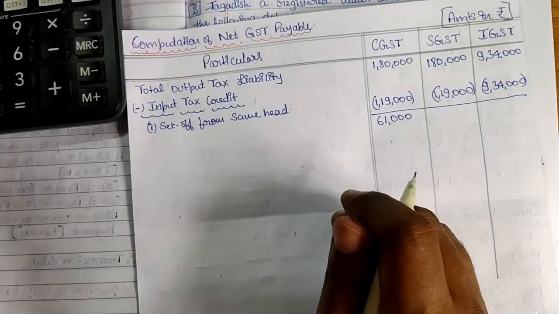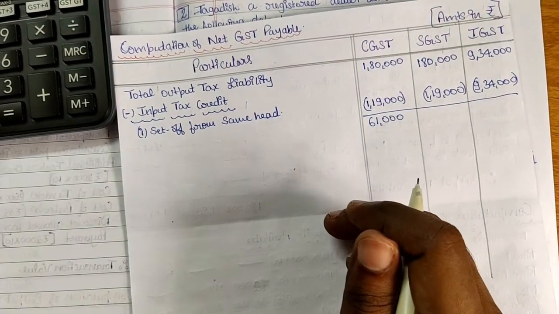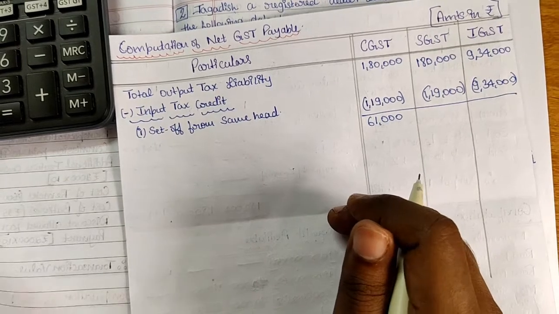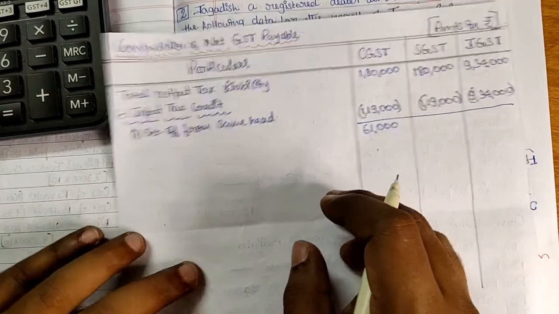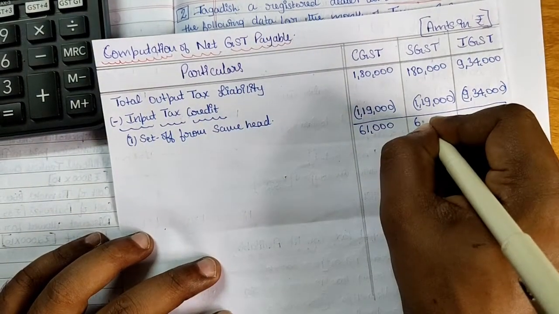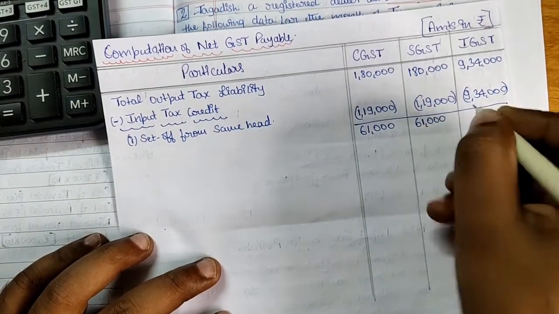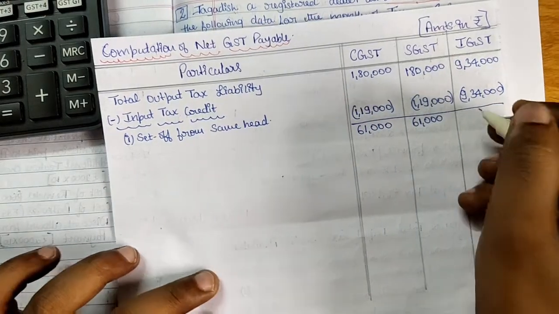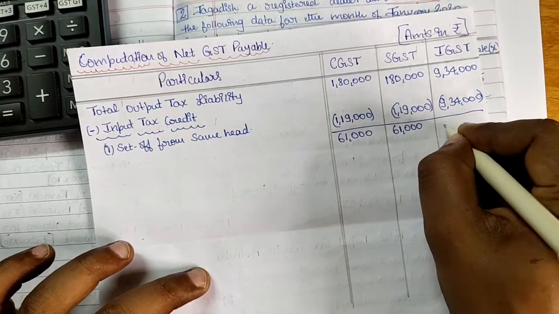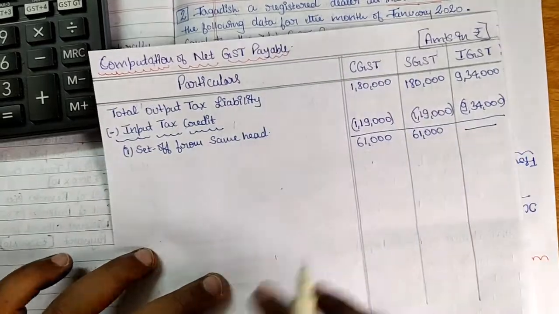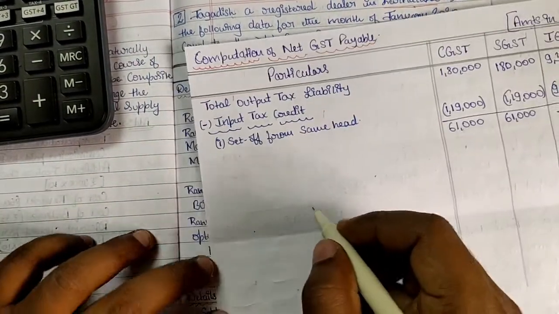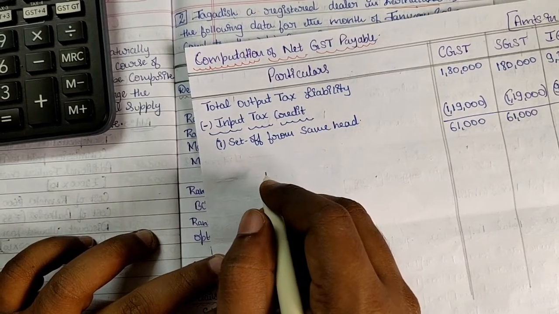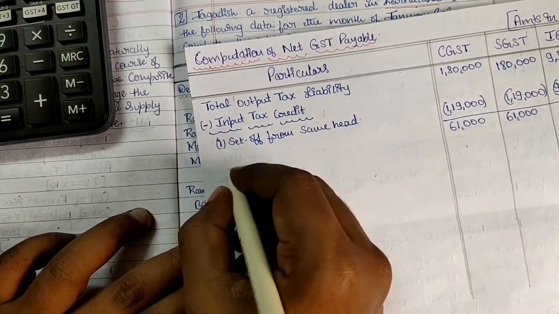SGST is also the same, 61,000. Then with respect to IGST, we are using full credit and the full tax liability is set off, so therefore no tax liability. Still we have 16,500 with respect to IGST, so that we can use to set off.